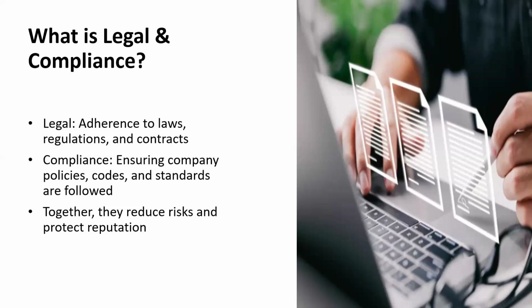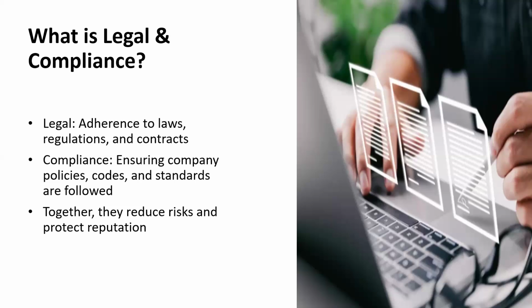Okay. So I'm trying to bring out the difference between the legal and the compliance, since I have explained what the legal department or the compliance department is supposed to do and what their roles are. Please, do you get that? Yes, ma'am. Okay.